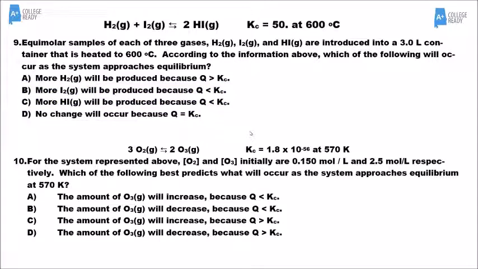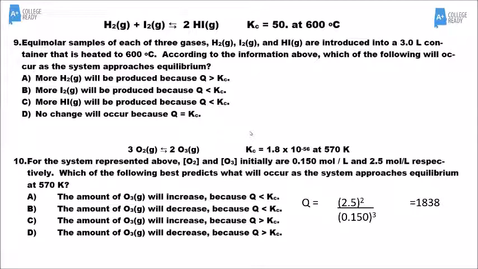Number 10 is also a Q versus K question. This one's a little bit tougher, but notice that the K value here is incredibly small, 1.8 times 10 to the negative 56. So all we have to do is come up with a Q expression and plug in our numbers. And when I do that math, I get 1,838 with a calculator.